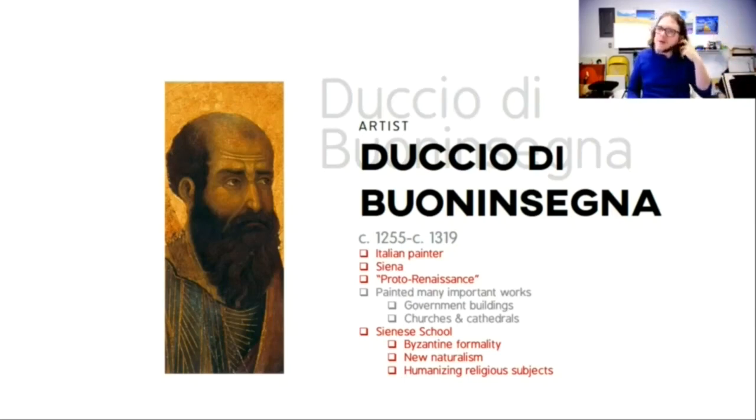This idea that you should observe with your eyes and try to capture what your eyes are seeing. That's naturalism. And combining those two things and folding them in by taking religious subjects and humanizing them. We saw Giotto doing a little bit of that. Duccio and his students will as well.